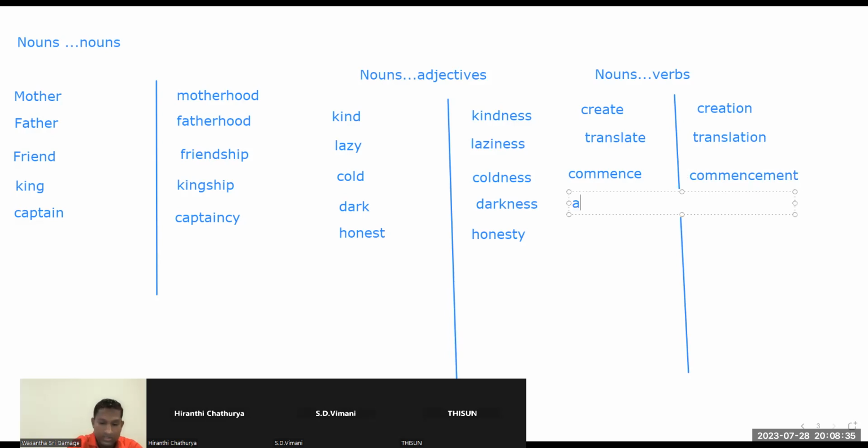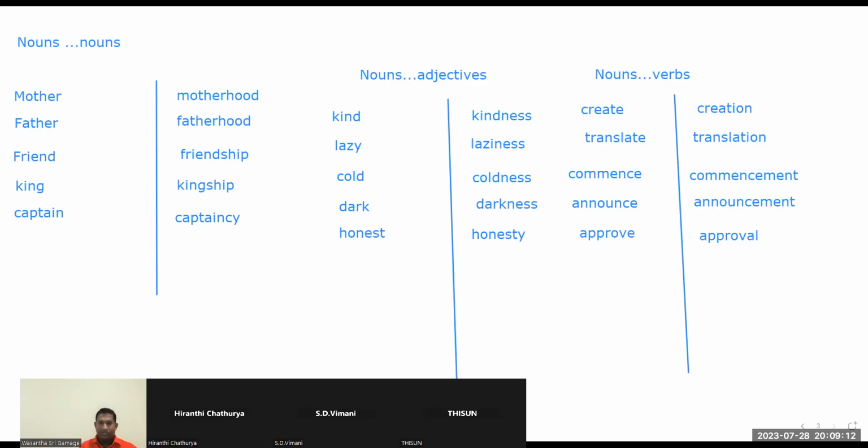If you announce something, then there is announcement. If you approve something, then there is approval. Right. Okay. Basically, we can see nouns come from nouns, nouns come from adjectives, and nouns can also be derived from verbs.